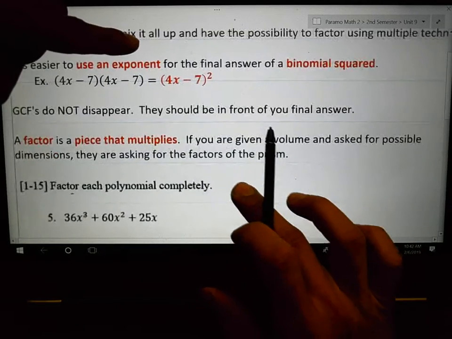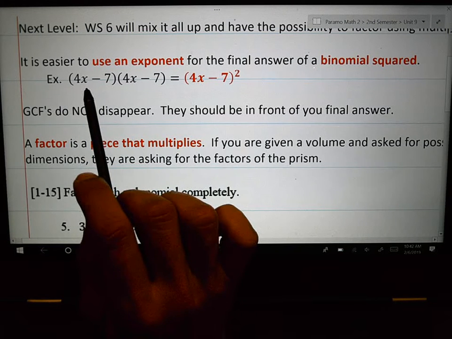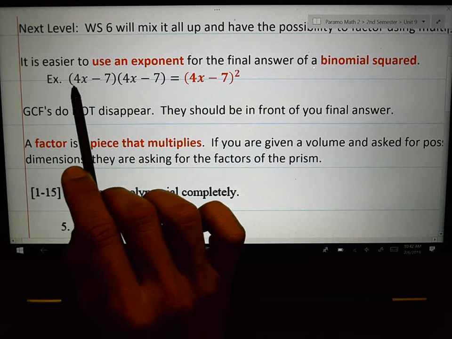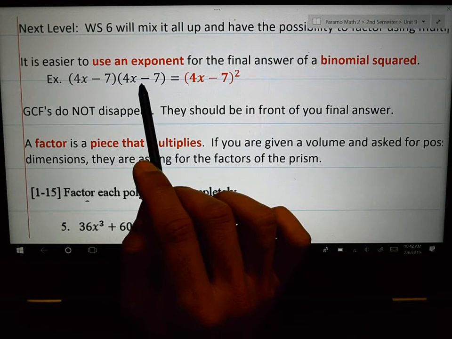The second thing that I wrote down is that sometimes you're going to factor things and you might get something like, in parentheses, 4x minus 7 times in parentheses 4x minus 7.